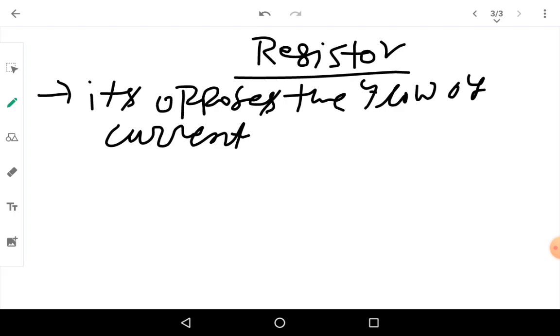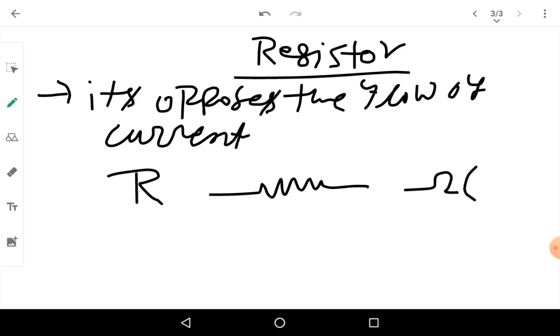And the law of resistance: it's represented as R, and its electrical symbol is this, and its unit is ohm.